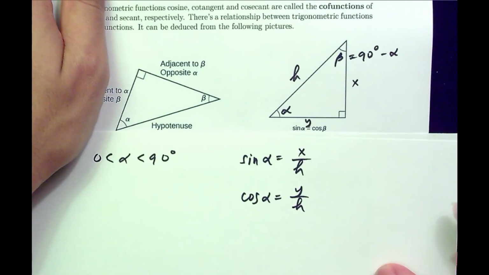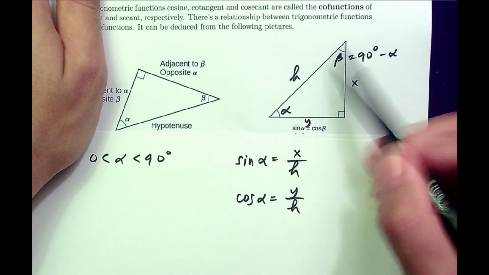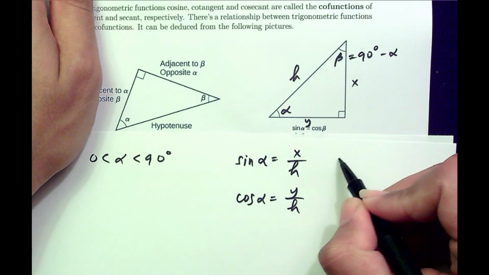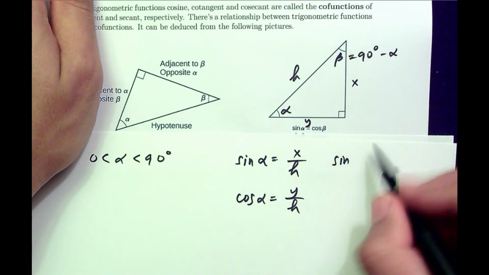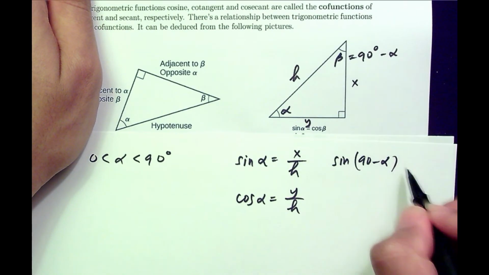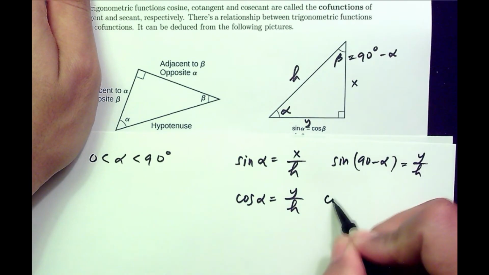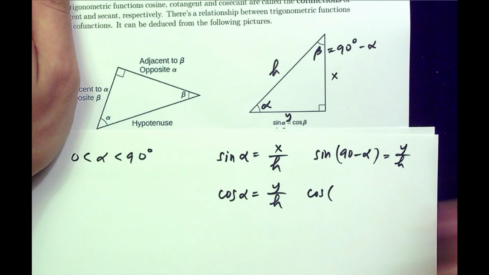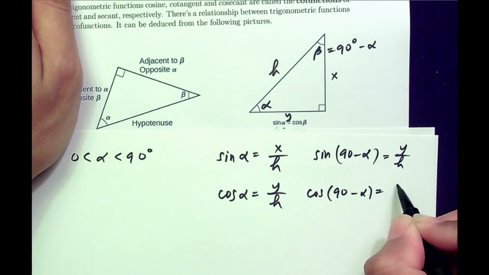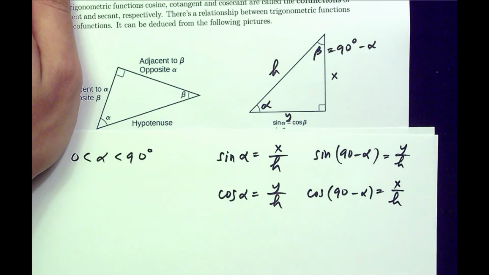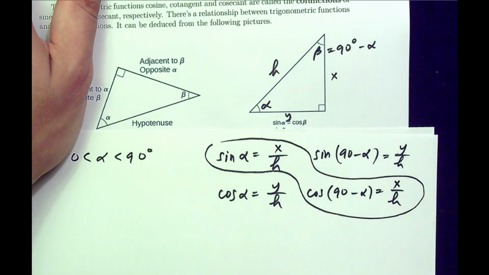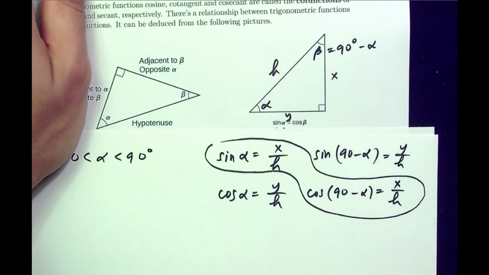And now let's apply the same, but from the point of view of this angle. So what do you get? You get sine of 90 minus alpha will be, so opposite is y over hypotenuse. And then applying cosine, we will get what? So cah, adjacent. So cosine of 90 minus alpha is adjacent over hypotenuse. And now if you see, these two things are the same, and the other two are the same.